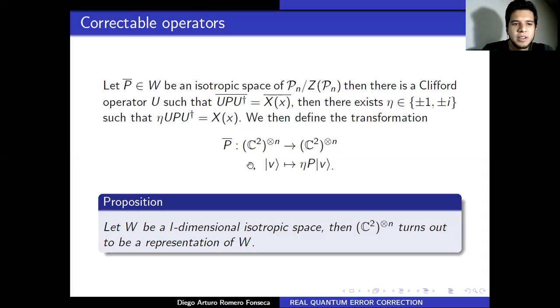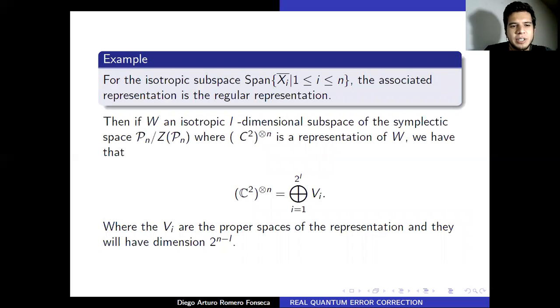The interesting thing here is that, defining the transformation like this, the n-qubit space is a representation of the isotropic space W. So, for example, the representation that corresponds to the isotropic space generated by all the cosets of the form X sub I is actually the regular representation. This is going to be actually a very important example.